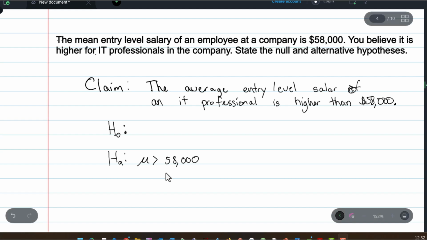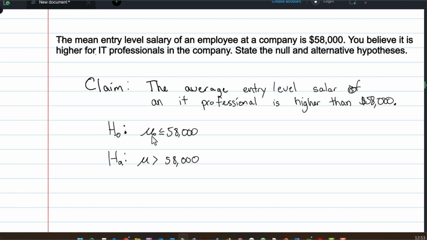From there, we can figure out the null hypothesis. Remember, the null hypothesis always has an equal sign in it, and also the null hypothesis is always the opposite of the alternative hypothesis. In this case, we would say that the assumed average is 58,000.